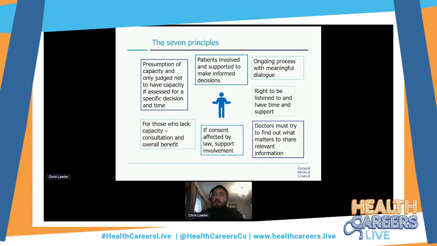The bottom right hand corner: doctors must try to find out what matters to patients and share relevant information. So this again is one of the big changes to this new piece of guidance. It focuses very much on the patient as an individual and what matters to that individual.